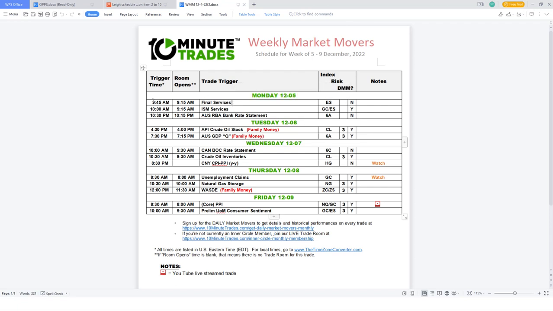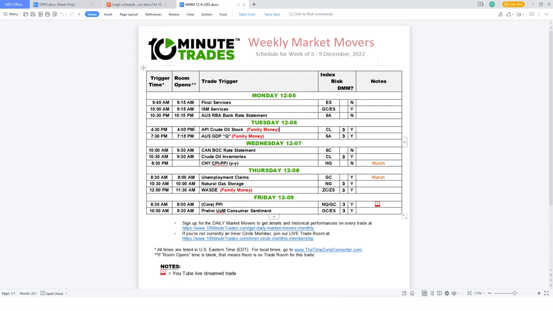So here's how you read the schedule. The trigger time is the time that the event takes place. So if the trigger time says 4:30, that's the time that the API report gets released. The room opens is the time we open the trade room.